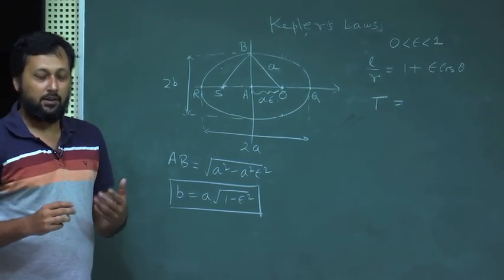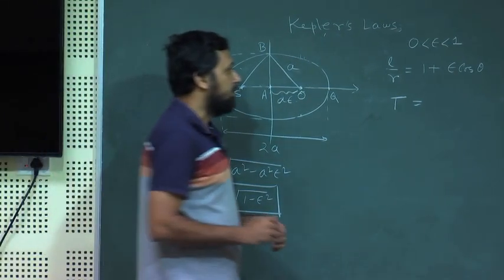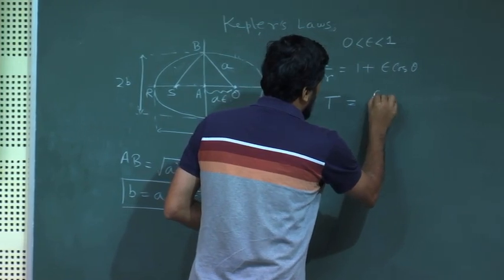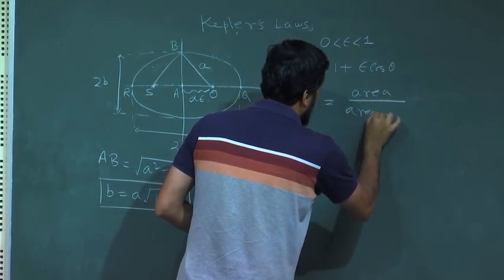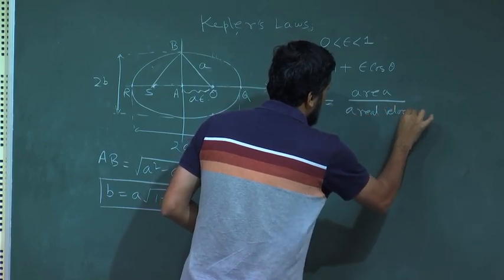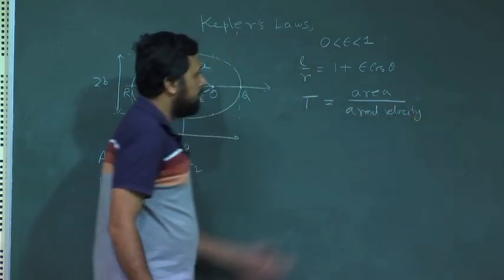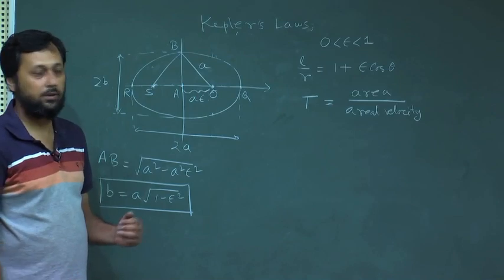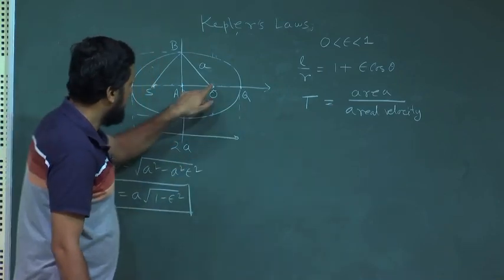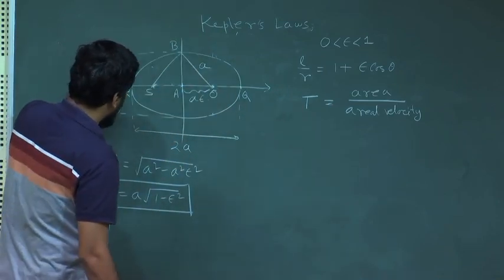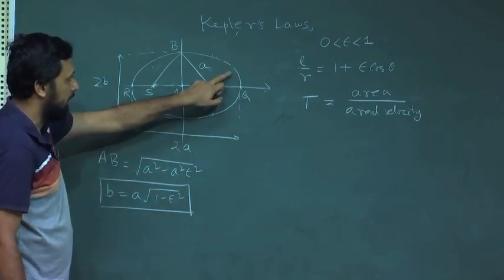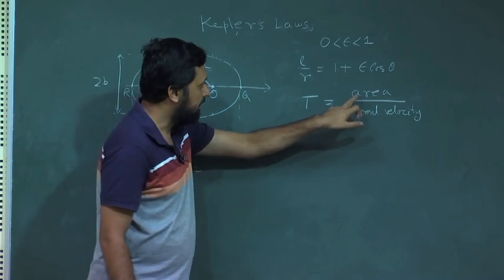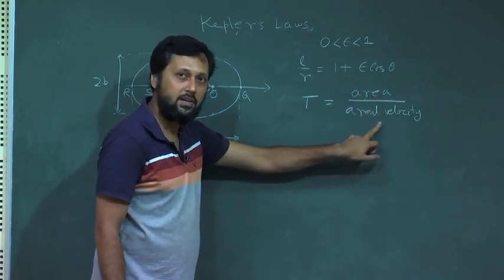The definition we will be adopting is area divided by areal velocity. This is also a valid definition, because all we need is the time it takes to get back to the same point over and over again in this path of oscillation. So, we can use many other definitions. Area by areal velocity is also a valid definition.